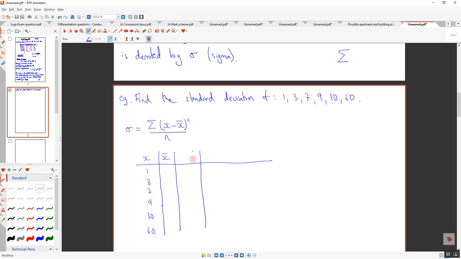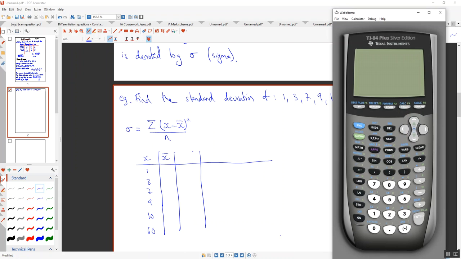By hand? Yep. 1 plus... 15? Is it 14.8? Divided by how many?